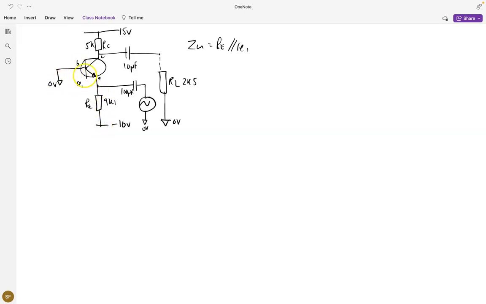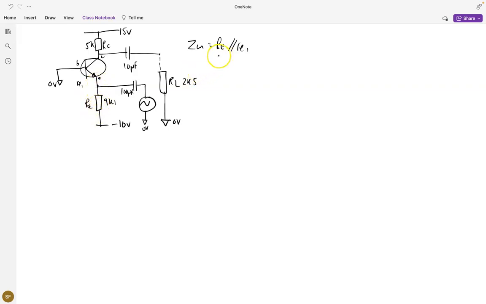So, and this is 0 volts. So we're going to get approximately 0.65 volt drop across this base emitter junction, which means we're going to have approximately 9.35 volts across this big RE resistor, which will then, because we know this resistor 9K1, we can establish what the emitter current will be, i.e.